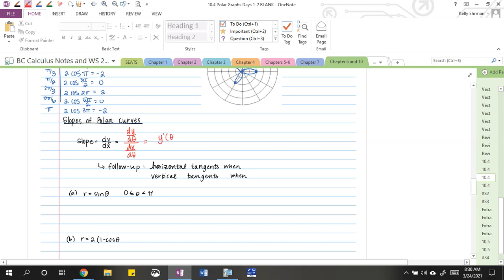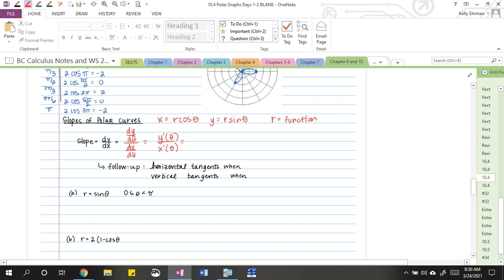Or y prime of theta over x prime of theta. Now, remember, we have ways to get x and y. X is r times the cosine of theta, and y is r times the sine of theta. And remember, r is some sort of function. It's an equation, right? It's not a constant.